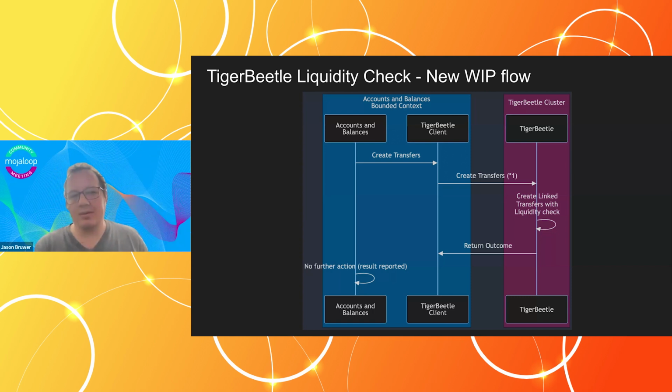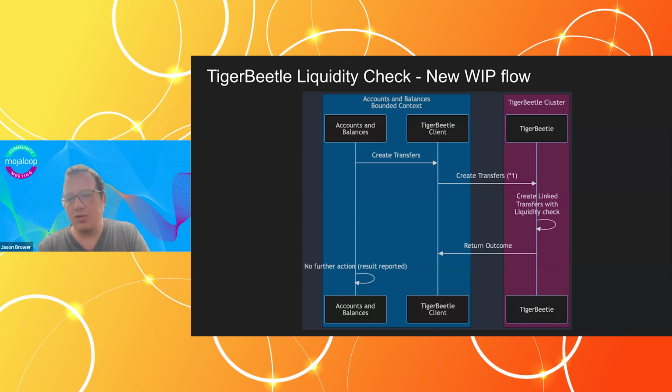We then create the transfers by introducing control accounts, and the actual accounts, as Pedro mentioned earlier, those account addresses are all cached. So there's no need to do lookups to the actual accounts anymore, number one. And we don't need to pull the balances into the accounts and balances bounded context in order to do the checks for the liquidity check.